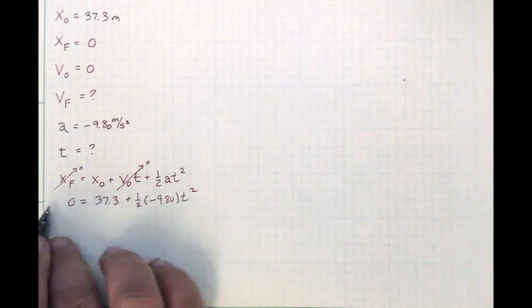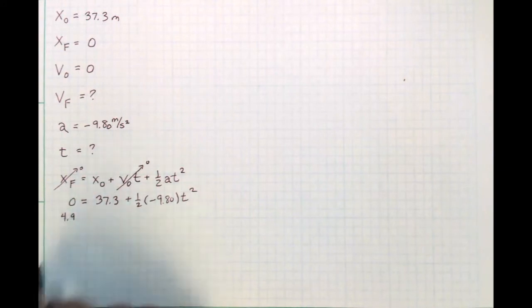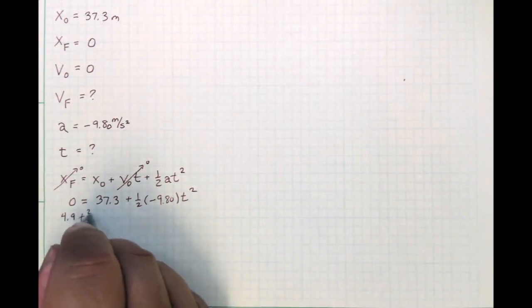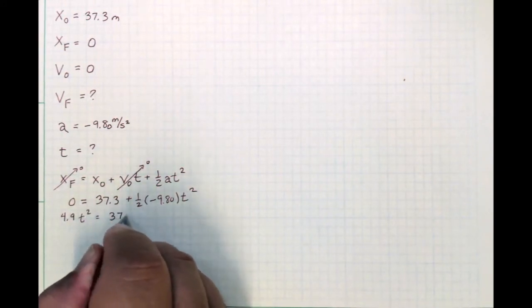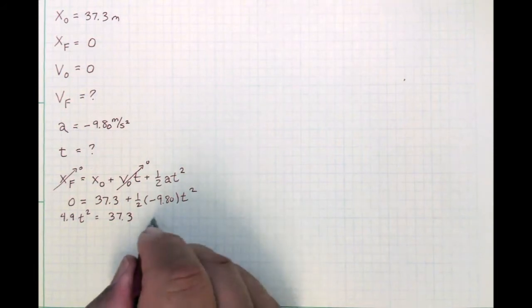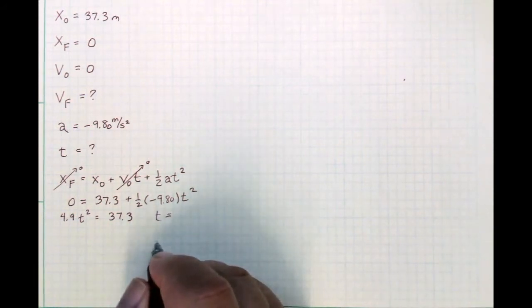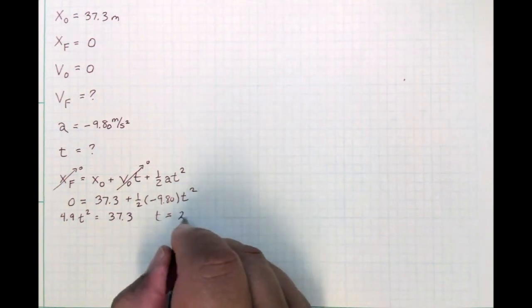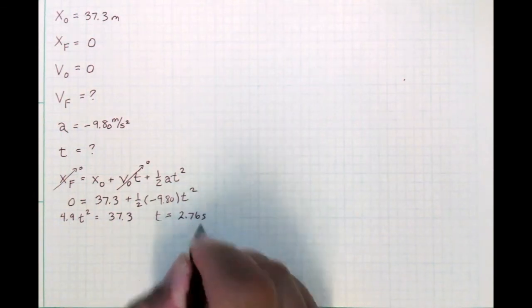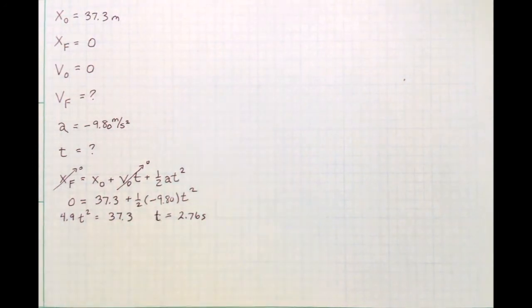We bring this over to the other side, it becomes positive, and we have 4.9 times t squared equals 37.3. Solving for t, this gives us a time to fall of 2.76 seconds. That is the time it will take both animals to fall.